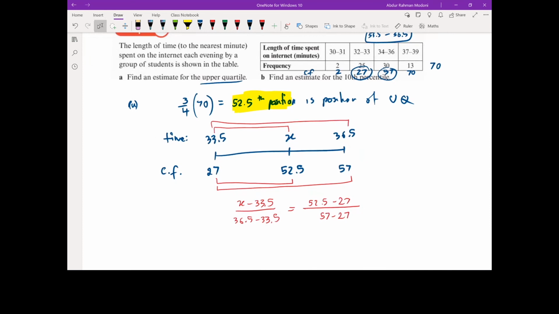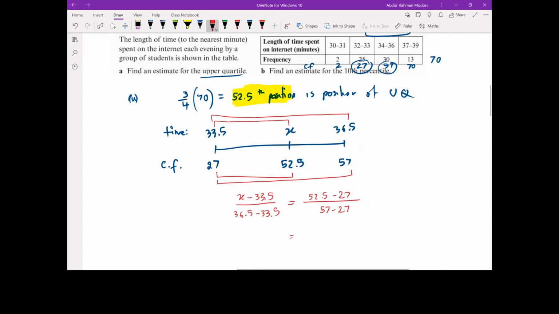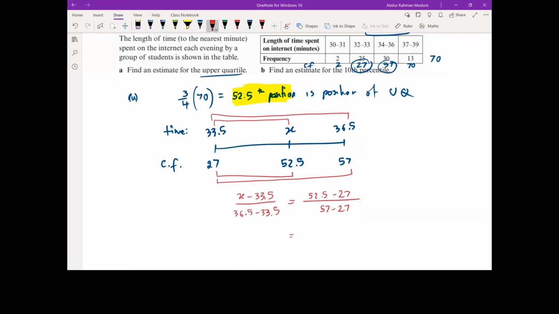So if we rearrange this and make x the subject, let's simplify a bit. We've got 52.5 minus 27, so we have 25.5 over 30, times 36.5 minus 33.5, which is 3. And then x is equal to all of that plus the 33.5.